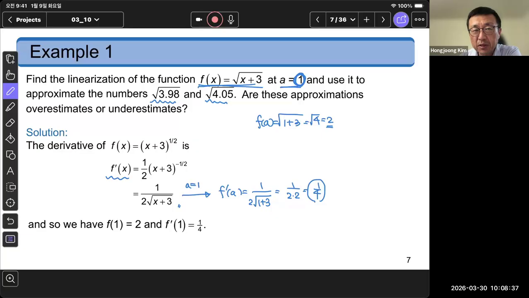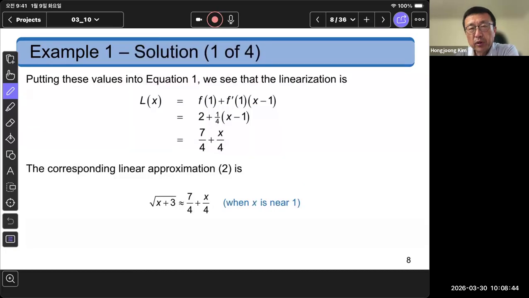That means I can derive the equation for the tangent line. So if I consider the equation for the tangent line, if you consider this formula, you can easily identify the expression for L(x).